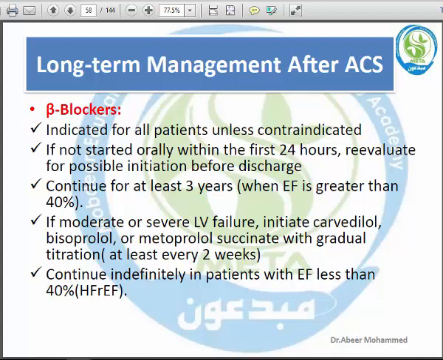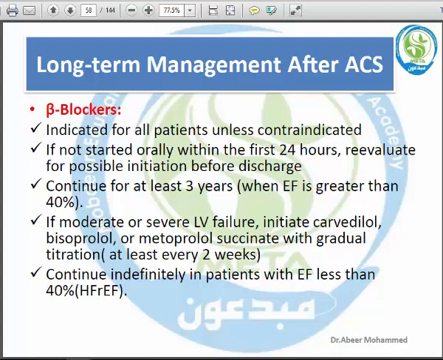But if the patient has ejection fraction less than 40%, that means heart failure with reduced ejection fraction. The beta blocker then has another indication, heart failure rather than acute coronary syndrome, and will continue for it. If the patient has severe left ventricular failure or heart failure with reduced ejection fraction, we can use only carvedilol, bisoprolol, or metoprolol succinate.